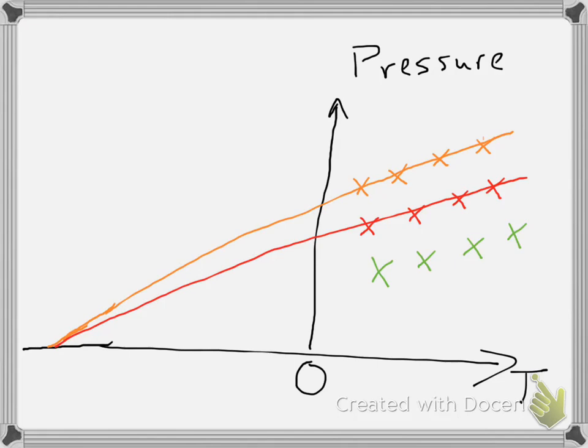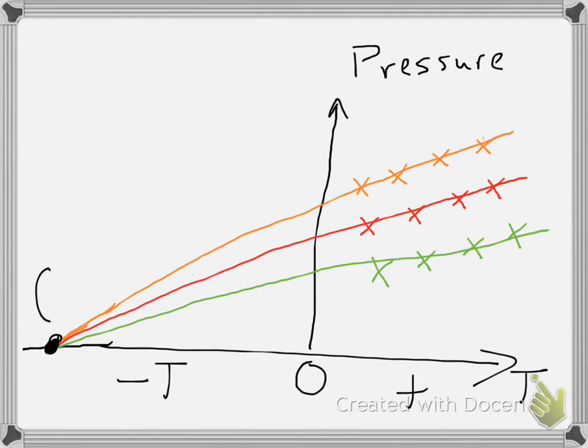It'll also have a trend to it, but it will also come down and meet in this exact spot. Notice I'm now at a negative temperature, so I have negative temperatures here and positive temperatures on this side, and all three of these trend lines meet down at this specific point.